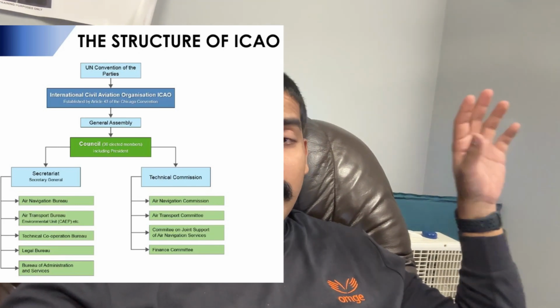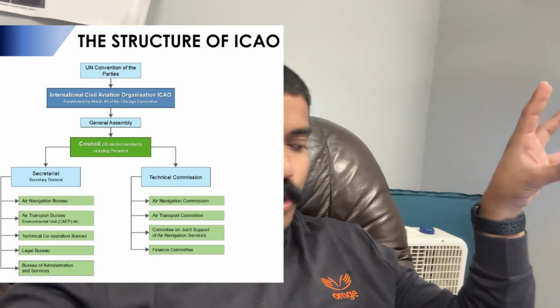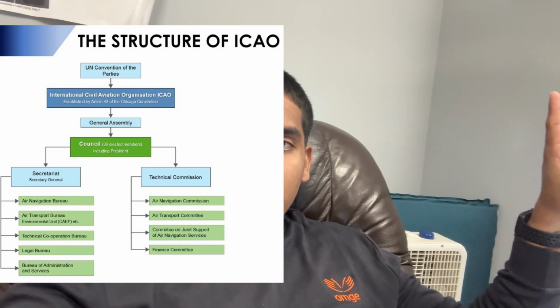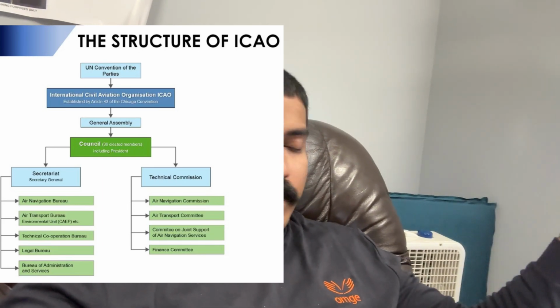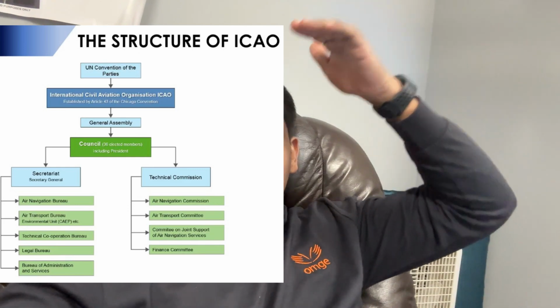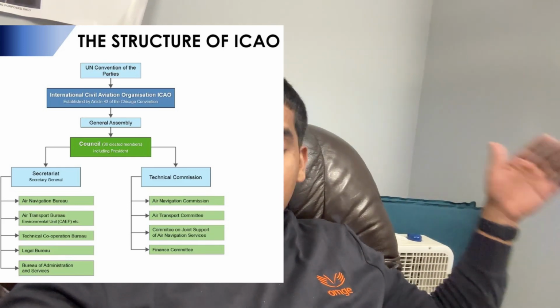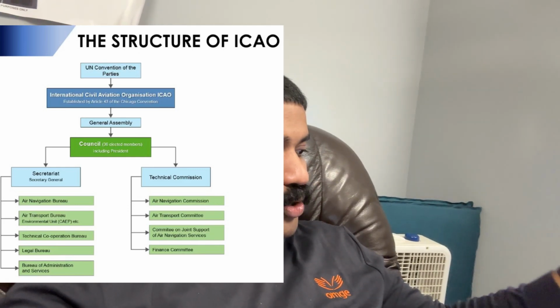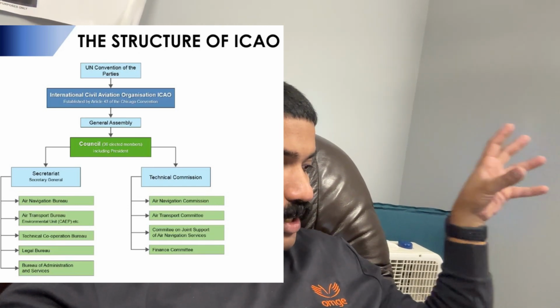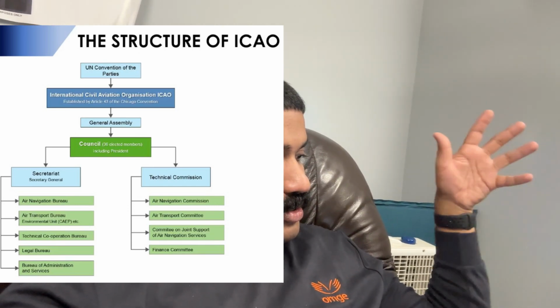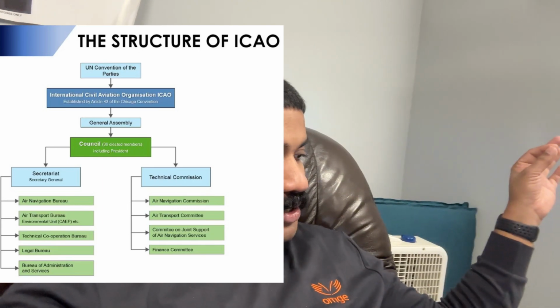So we'll do a quick review again. The Air Navigation Commission has 19 members, and it's all appointed by the council. So again, assembly, council. Below the council, commissions and committees, in which there are 9 to 15 members. Air Navigation Commission, which has 19 members appointed by the council.